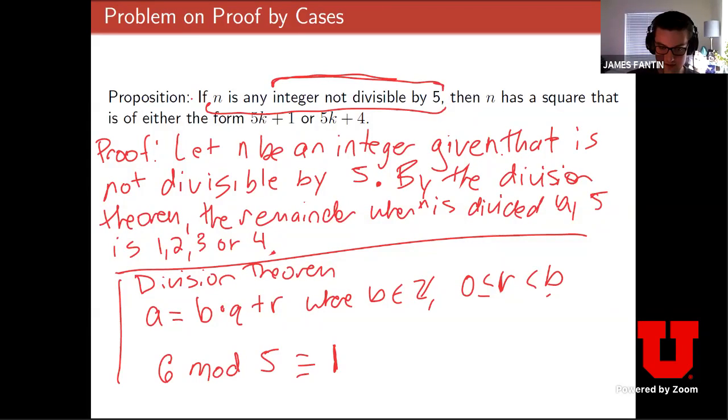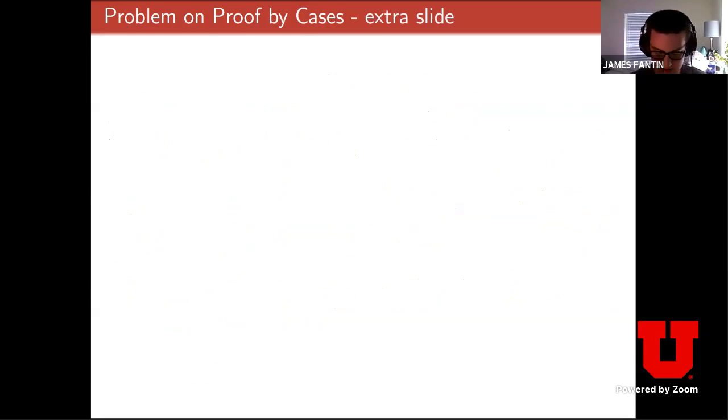Does it mean 5L plus, well, or L300? Not quite. But we'll get to more on this problem in just a second. So now we can start the cases. We know that we have these 4 cases that we need to consider. So let's go ahead and start with case 1.